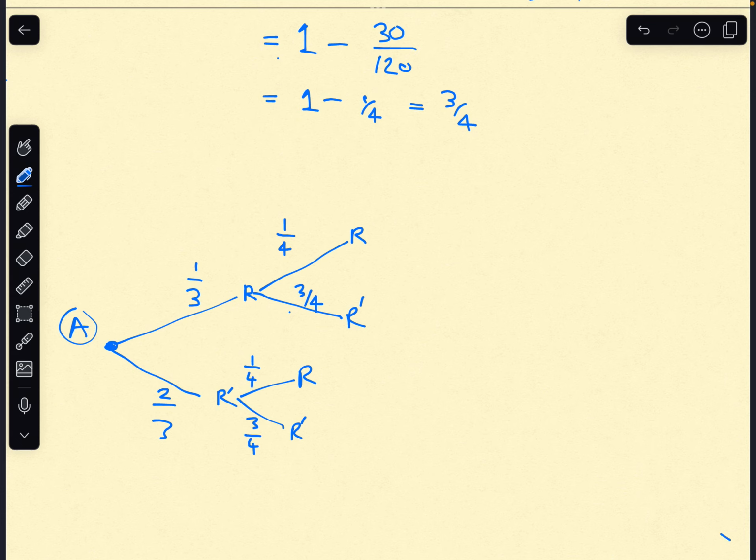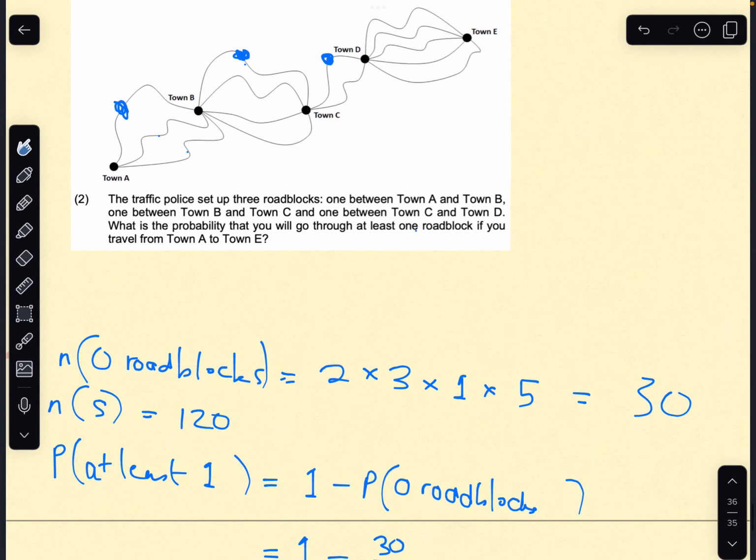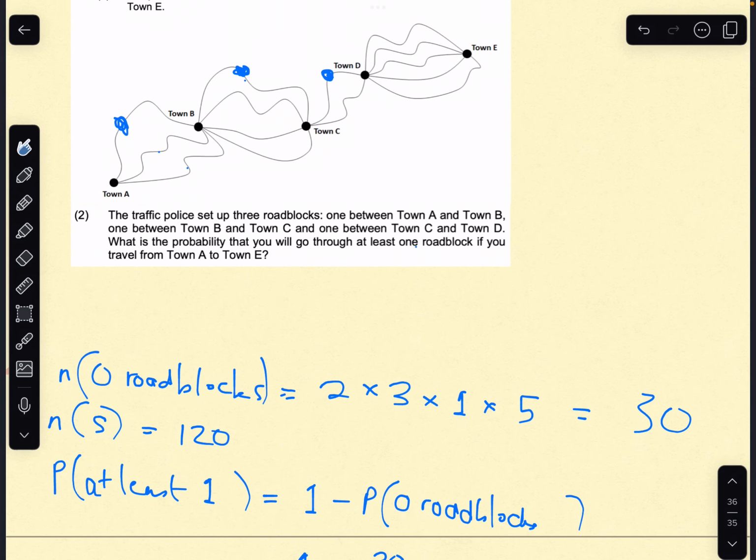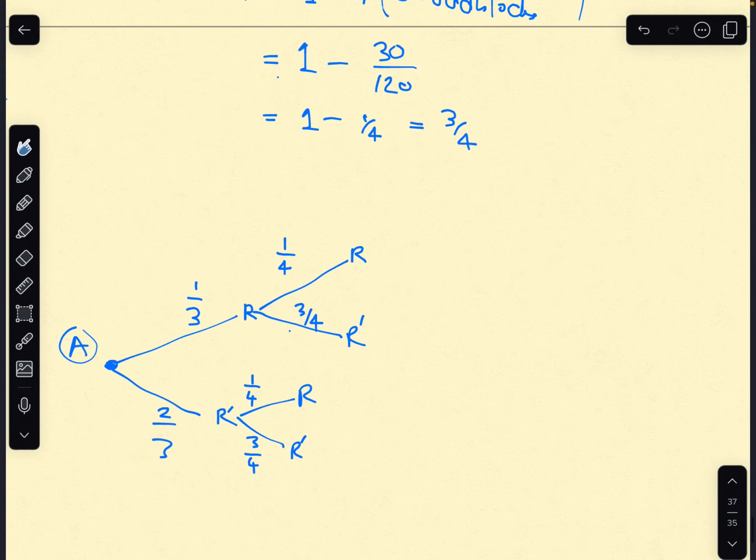Okay, almost there. So now the next one we look at is from town C to town D. There are two options. One of them has a roadblock, so let's draw that in. So either we have a roadblock or we don't.